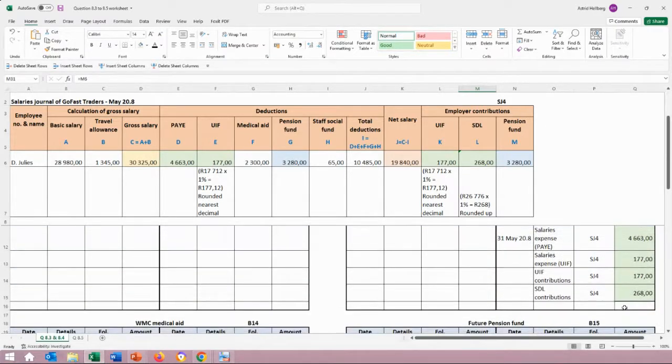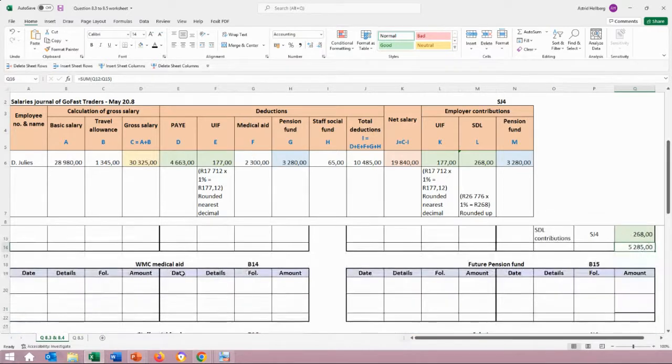And then we add all of that together to work out what is the total amount that needs to be paid over to SARS. Then we've got the medical aid. Now that goes to our medical aid fund. Okay. Now because we owe them money, we are going to credit the medical aid with the 2,300 Rand. Okay. The pension fund, we are also going to credit with the 3,280 Rand.